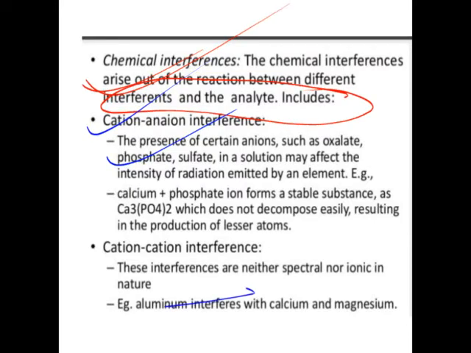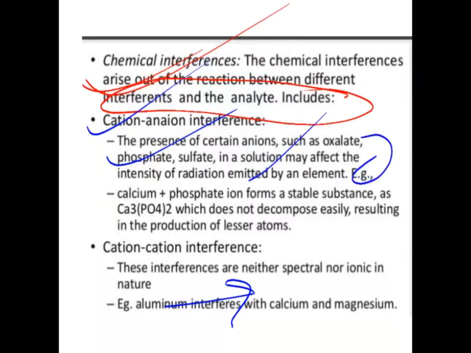They can interfere with the radiation emitted by the element. So the presence of a cation or anion will react with the analytes. These anions, when present in the solution, may affect the intensity of the radiation emitted by the elements.